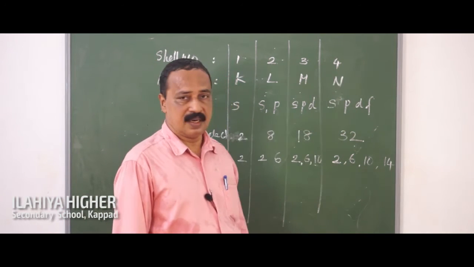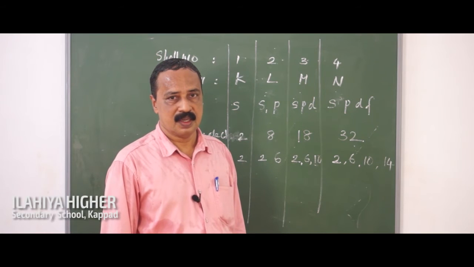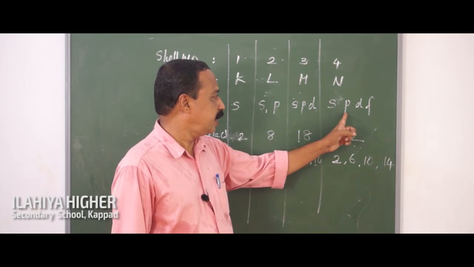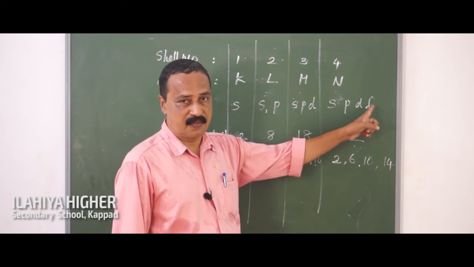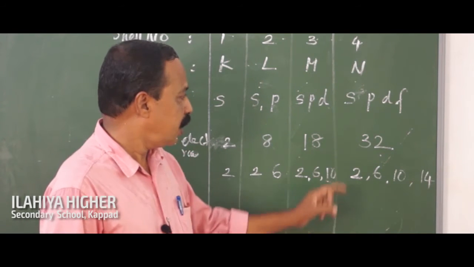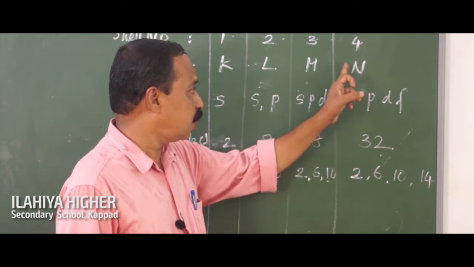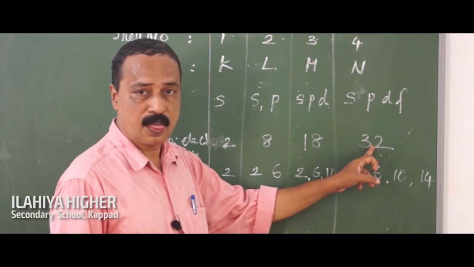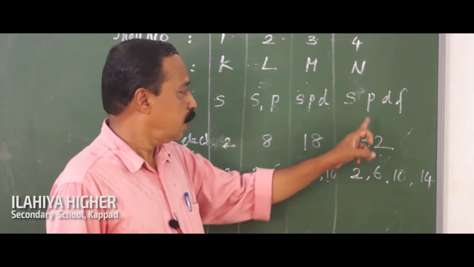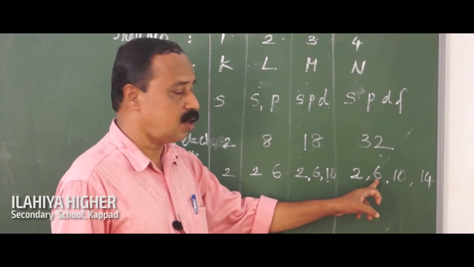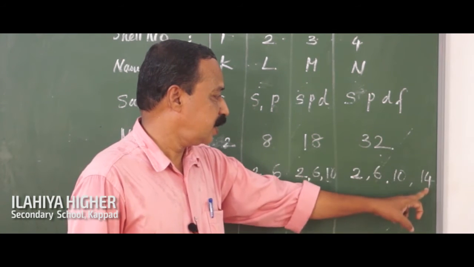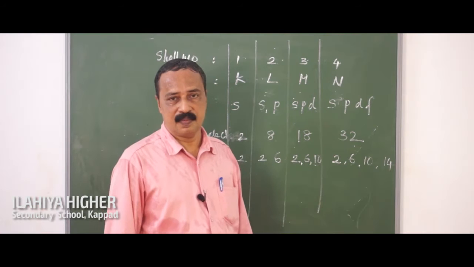Then the fourth shell, the N shell. The subshells are S, P, D and F. The maximum number of electrons possible in the N shell is 32. So the S subshell holds 2 electrons, P subshell 6 electrons, D 10, F 14.